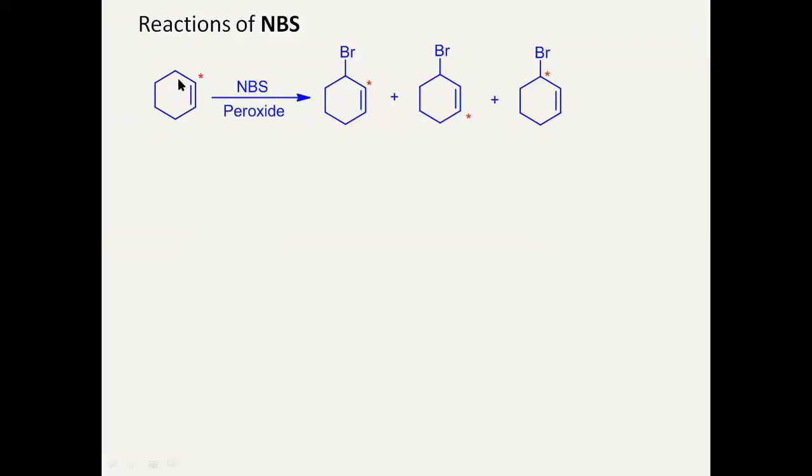At the allylic position. So if you see, this is the allylic position, so this bromine product is okay. No problem. But one more point: this second product is also okay. If you reverse this, this will form this, no issue.